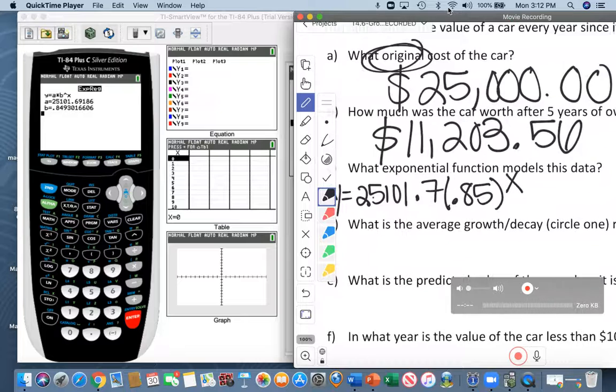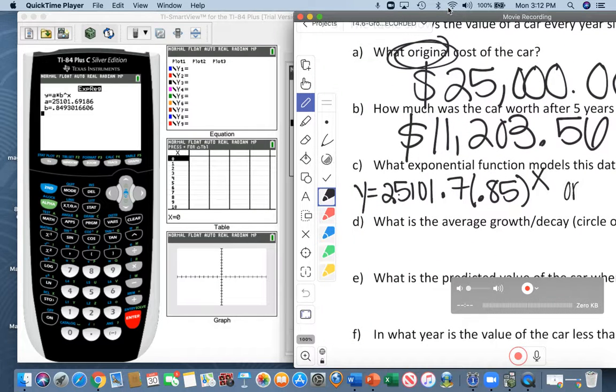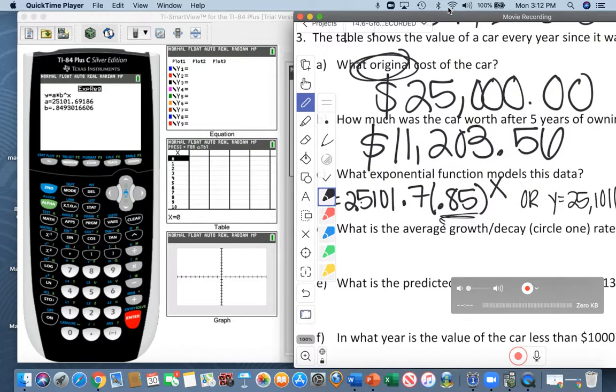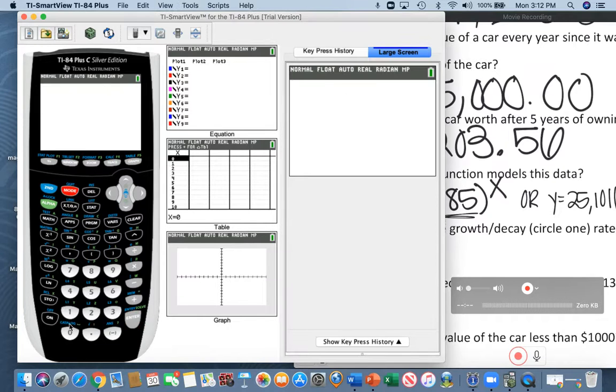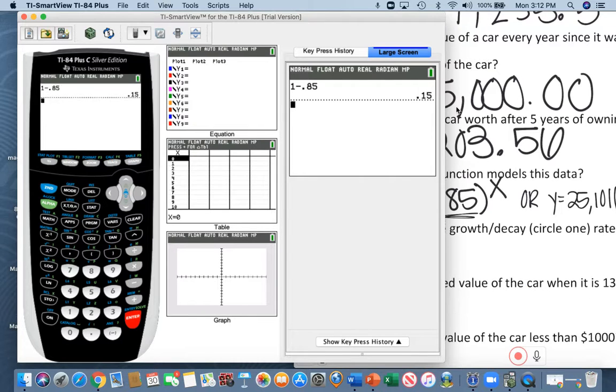Or y equals 25,101.7, and since this is less than 1, it's going to be minus. 1 minus 0.15 will give me 0.85, and again to the x power.